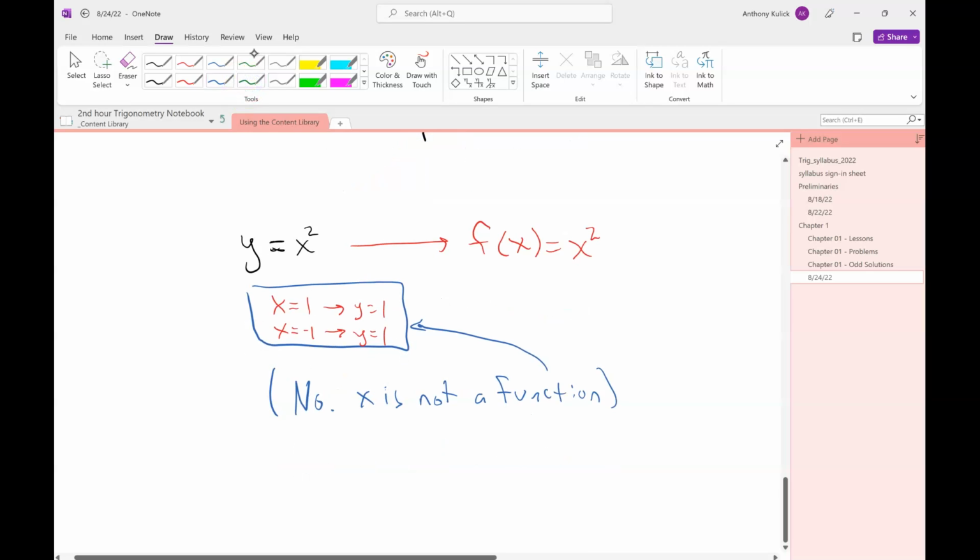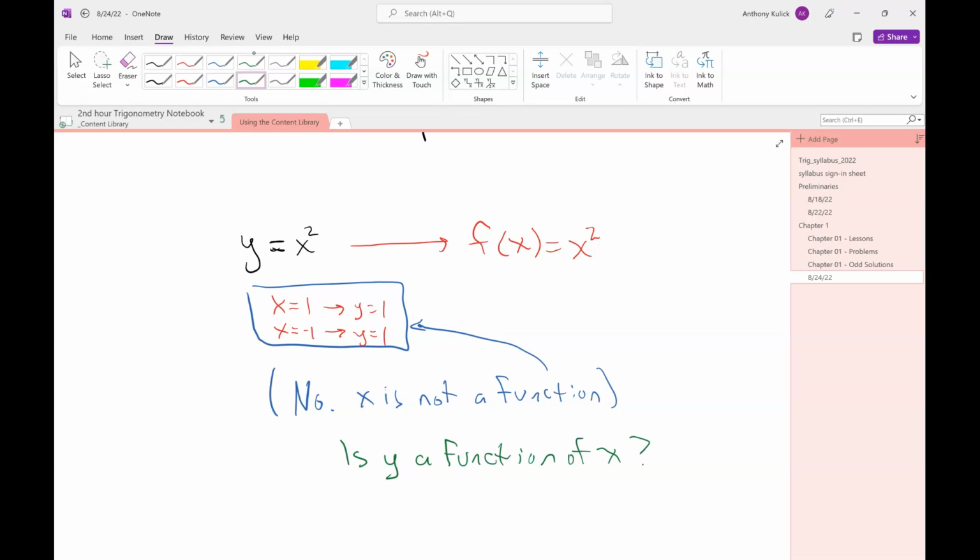The question, though, remains, is y a function of x? Because that's probably the way that we would naturally want to interpret that. Is everybody okay with where we're at here? So is it easy to do that just by looking at the equation?